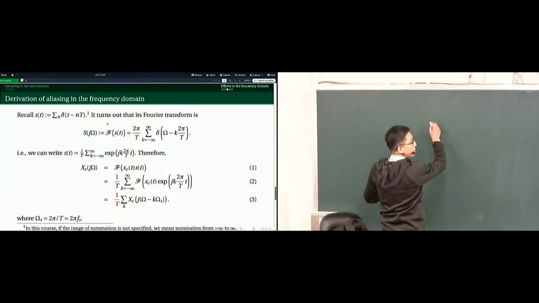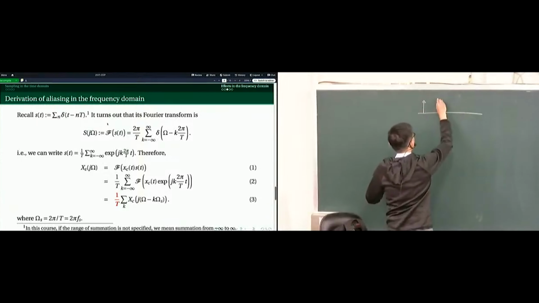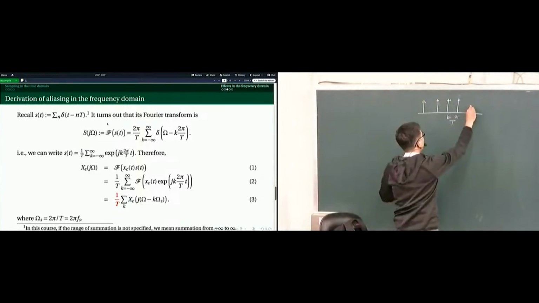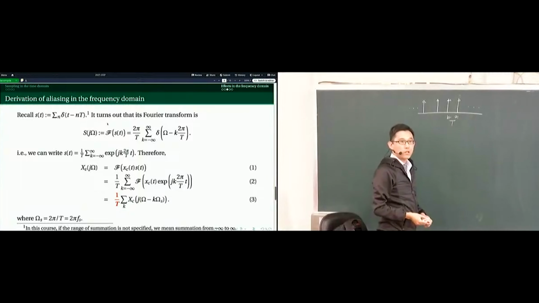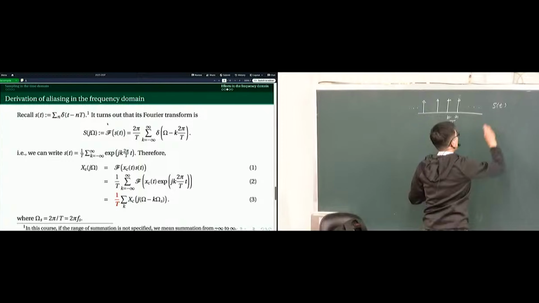So we introduce a signal that consists of spikes, which are equally spaced, and the spacing, of course, is the sampling period. We call this signal S of t.